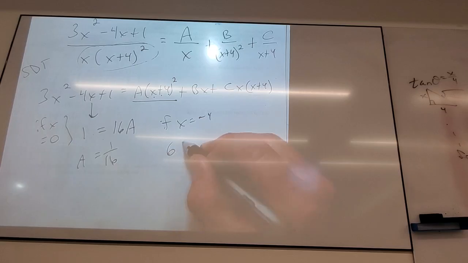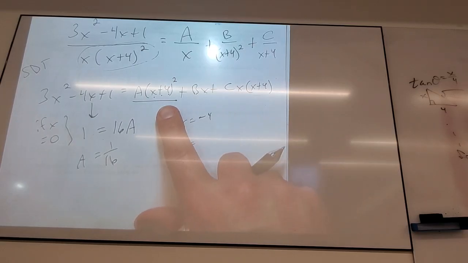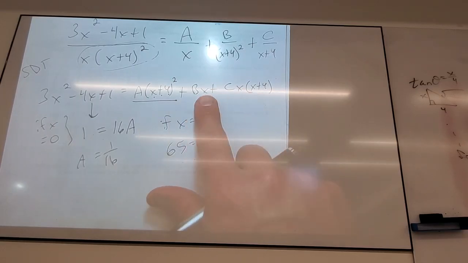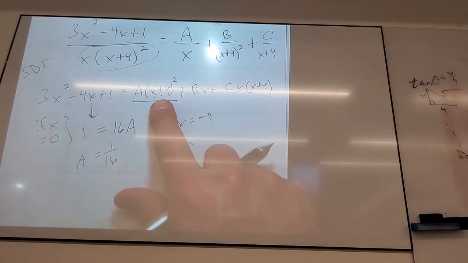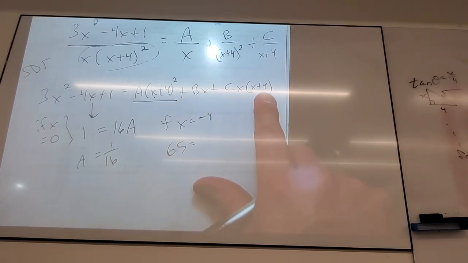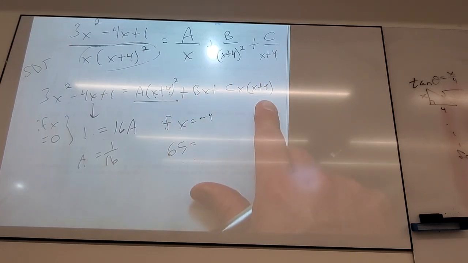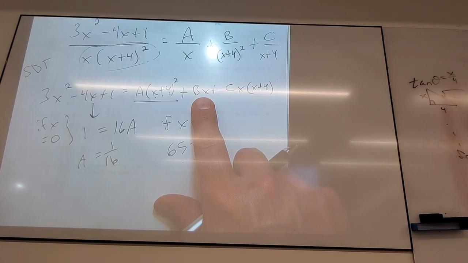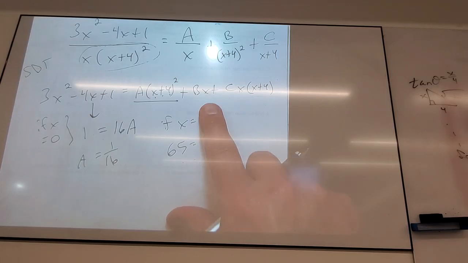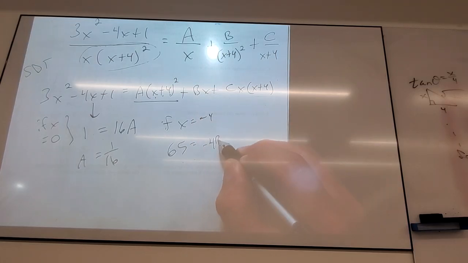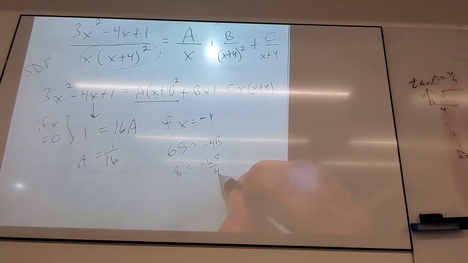Plus 1 is 65. What do you get on this side? These 2 go to 0. Those 2 are 0. And this is negative 4b. So B is negative 65 over 4.